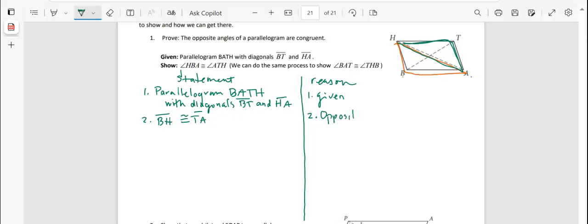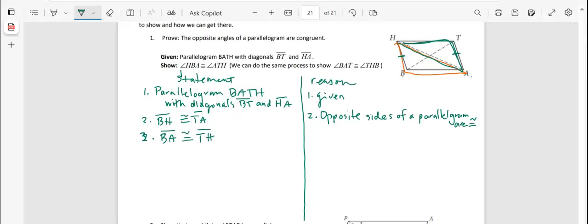Opposite sides. And so we have this segment congruent to this segment. And then guess what? Let's do that same thing with the other sides. This is step 3, we're going to say that segment BA is congruent to segment TH.